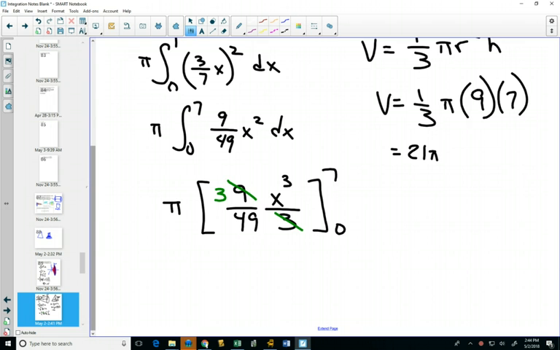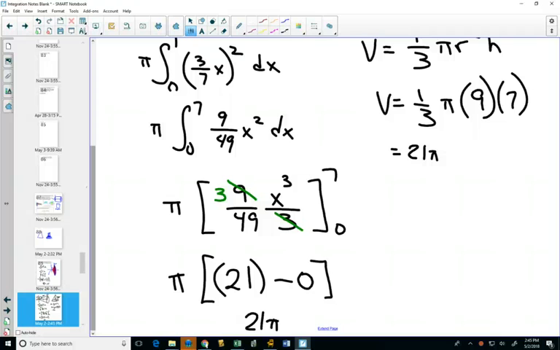Is it all right if I tell you guys that when I plug in 7, this will be 343, but this is 7 cubed, this is 7 squared. They're going to cancel out and just give 7 times 3, and I'll get 21. And I plug in 0. Same answer. That's kind of cool.